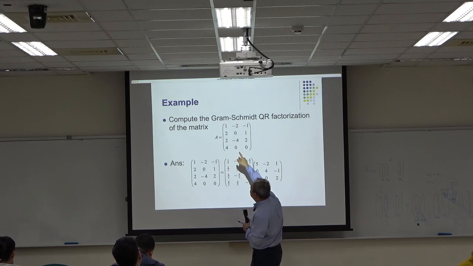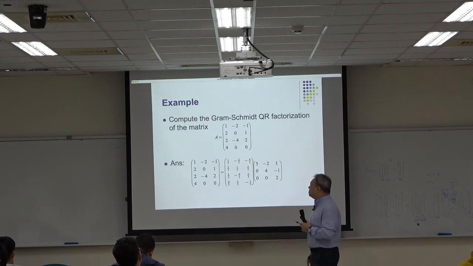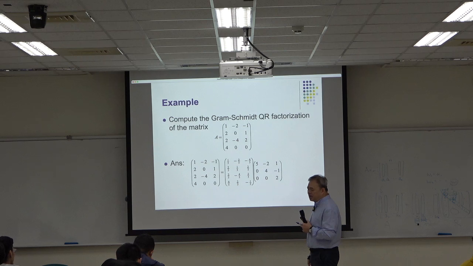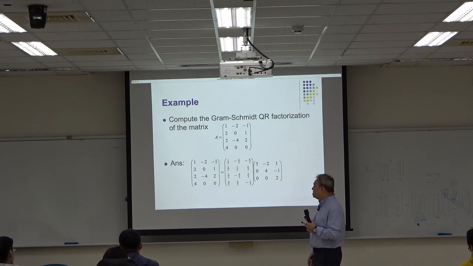Because 1 squared plus 2 squared plus 2 squared plus 4 squared is 1, 4, 4, 16, which is 25. The square root of 25 is 5.